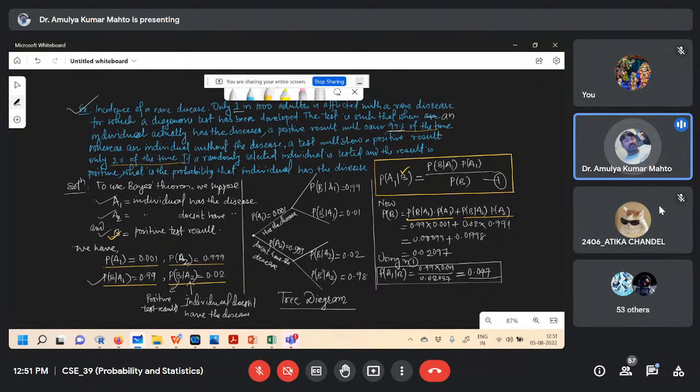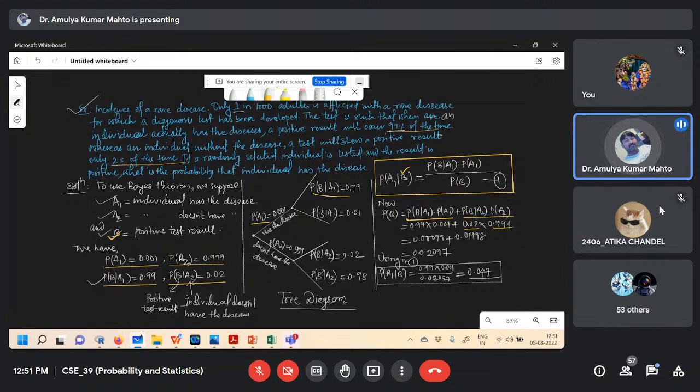You know the probability of B given A1, and then probability of A1. You multiply these two, 0.99 into 0.001. Then probability of B given A2 is 0.02, into probability of A2, which is 0.999.